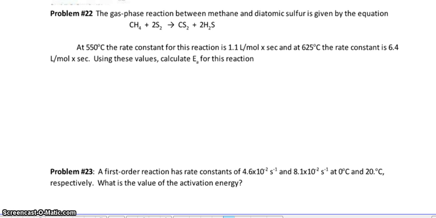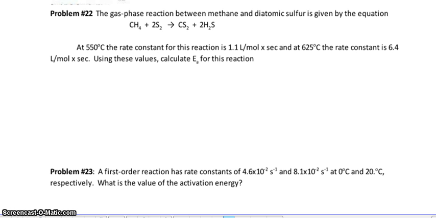Now, in order to do this, I'm going to probably use another whole board because this is a long problem. How I approach this is, what term did they not give me? I know nothing about this A, this frequency factor.